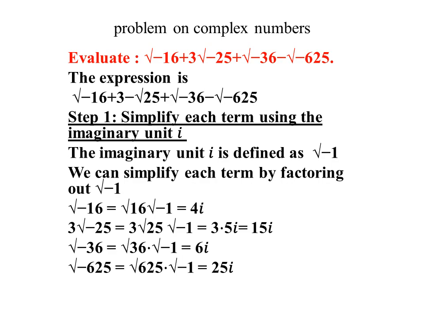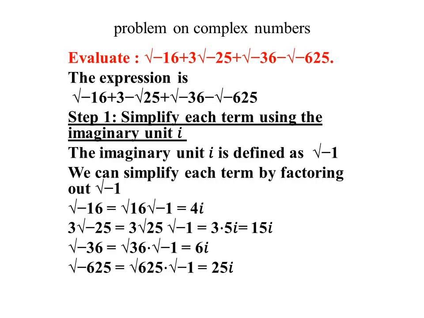Then we can simplify each term by factoring out root minus 1. Therefore, root minus 16 is equal to root 16 into root minus 1, that is equal to 4i. 3 root minus 25 is equal to 3 root 25 into root minus 1, that is equal to 3 into 5i, that is equal to 15i.